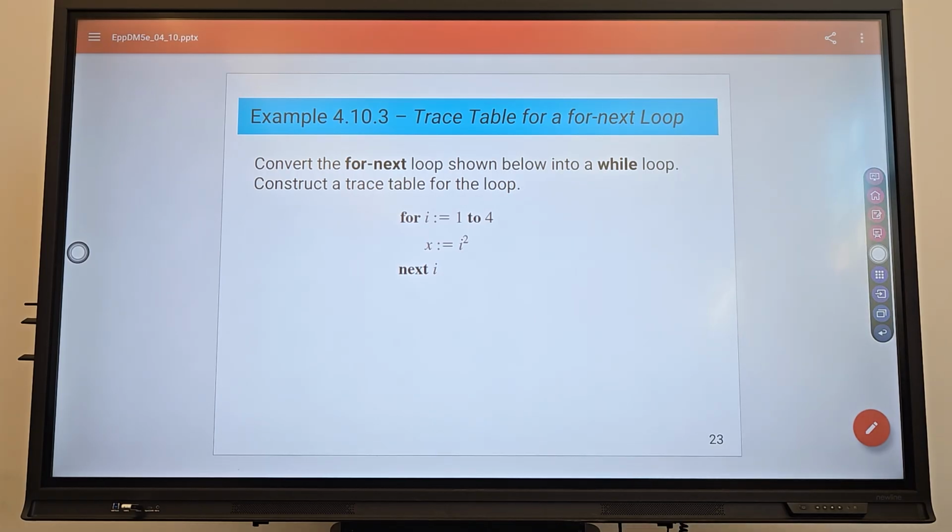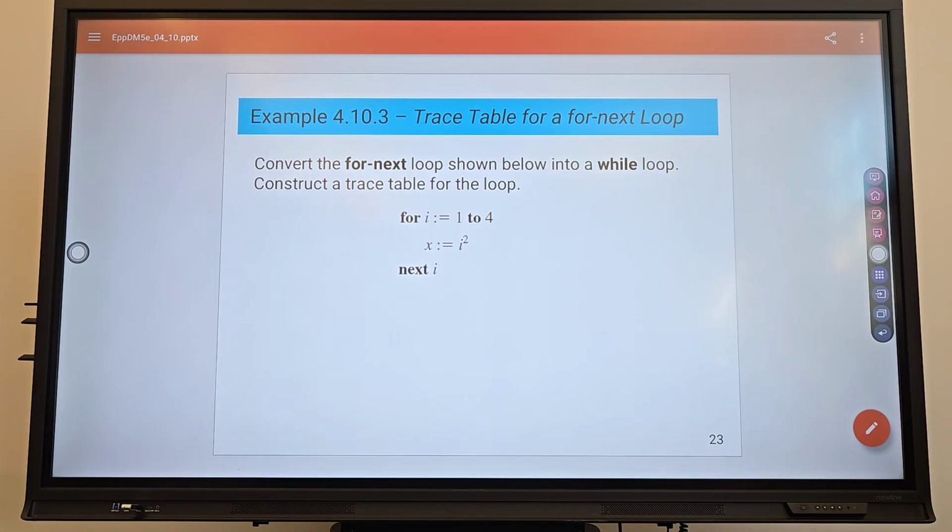So, convert the for next loop here into a while loop. And what would the trace table look like? One to 4.